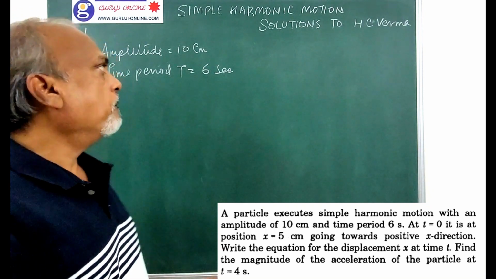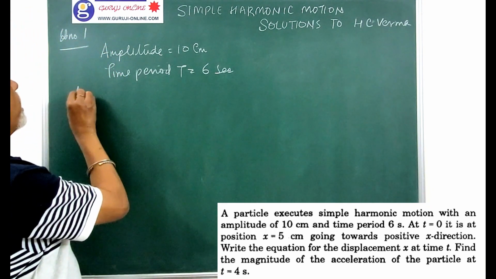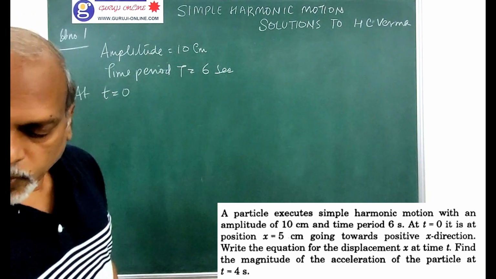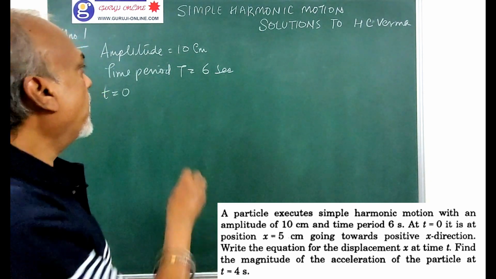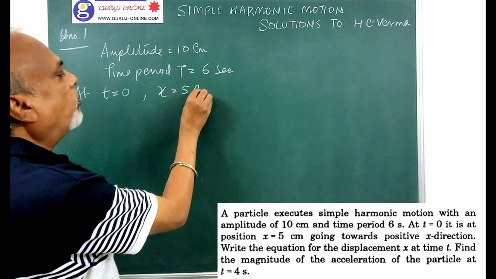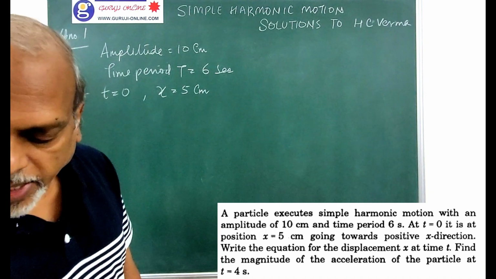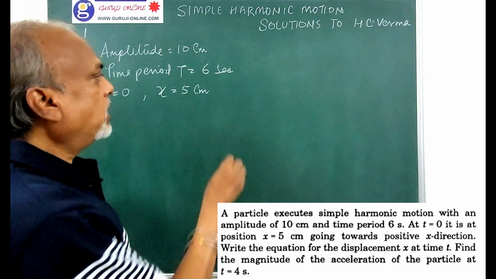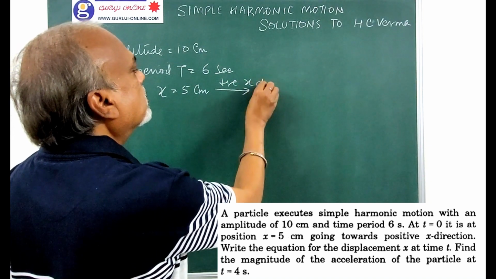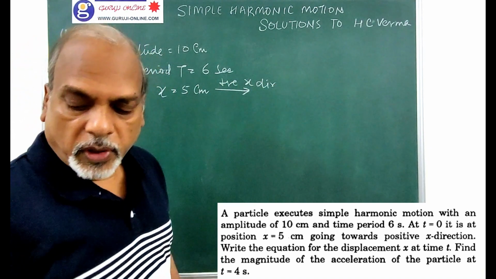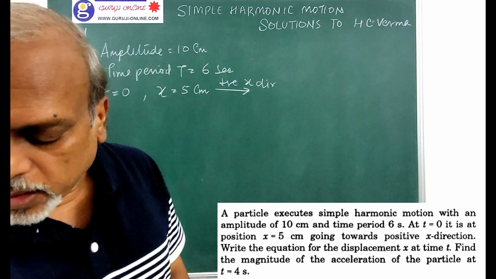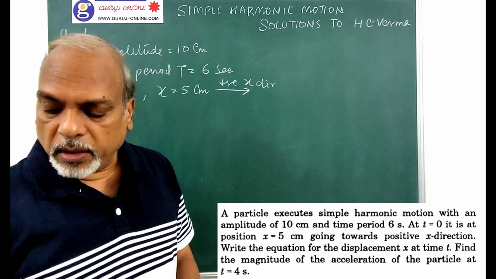Now it says at t is equal to 0, it is at position x is equal to 5 centimeter and going towards positive x direction. Correct? Write the equation for the displacement x at time t.